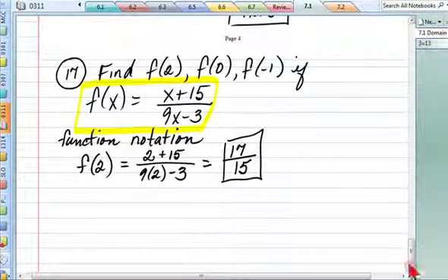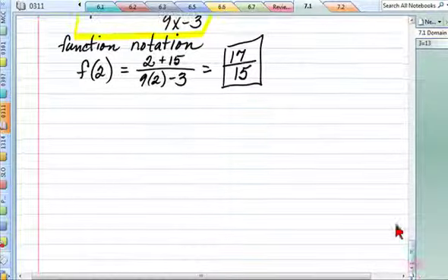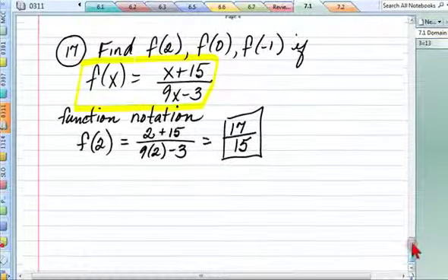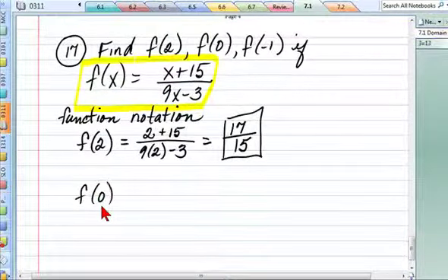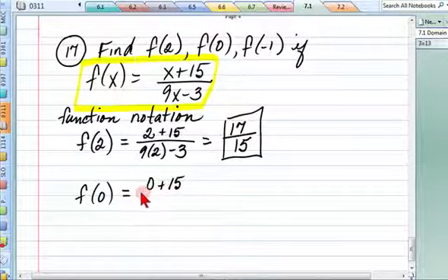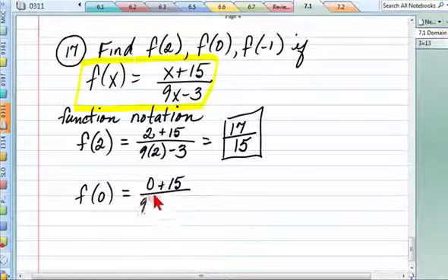Next, it says, find f of 0. So what is it asking you to do? Put the 0 in the place of x. So it's 0 plus 15 over 9 times 0 minus 3.